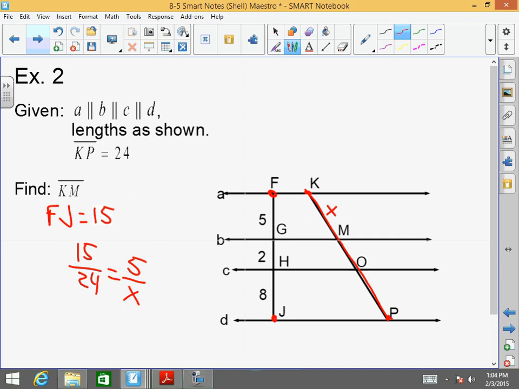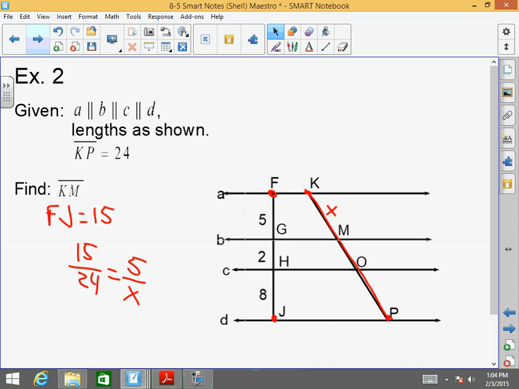Do you see why, my man? Now, what were you going to do when you divided 24 by 15, just out of curiosity? Now multiply it by the length of 5. We're looking for KM, right? So you're making that a little bit more difficult. I see what you were going to do.